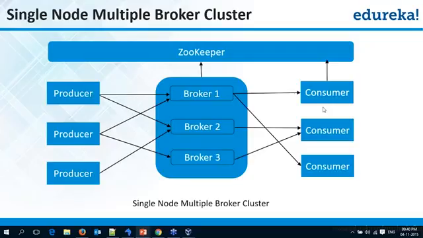For example, for a topic, broker 1 could be the lead, and for a different topic, broker 2 could be the lead. Or for the same topic, for a different partition, broker 1 could be the lead and broker 2 also could be the lead. This is one of the scenarios where you could have all of them interacting with all of them. It's a potential case, but not necessary that one producer has to interact with all the brokers. It all depends on your topic, your partition, and your replica sets.